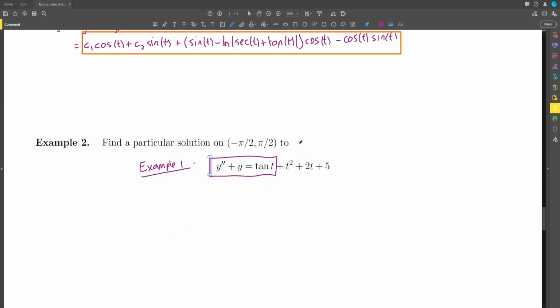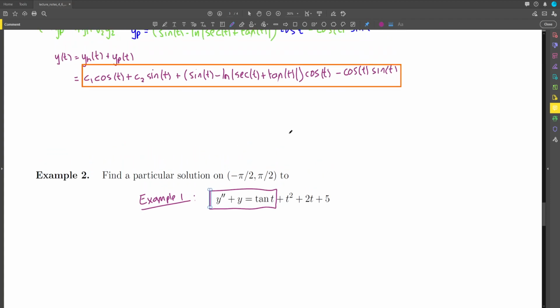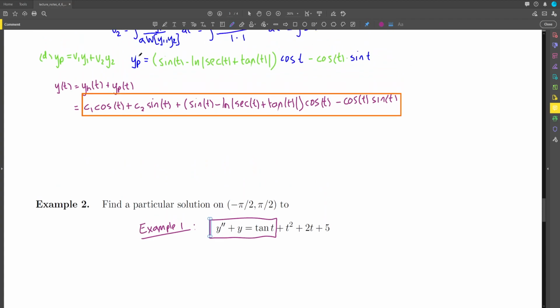And we've seen that the particular solution to that differential equation was given by this right here. So we know that if we're going to write a particular solution here, then that is going to consist, by the superposition principle, of two particular solutions, yp1 and yp2.